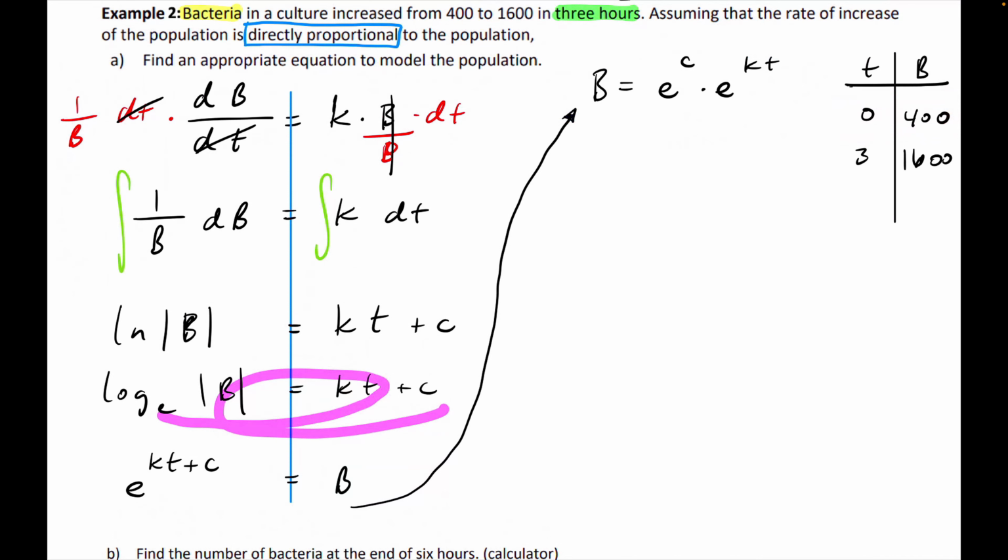What does 0 mean? Initial amount, right? It's our initial amount. That is going to go right there. So B equals 400 times e to the kt, because this is the initial amount.